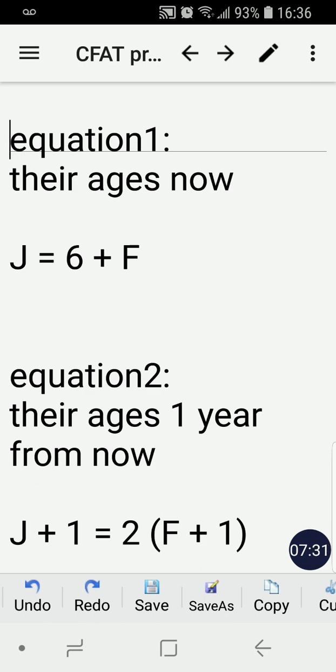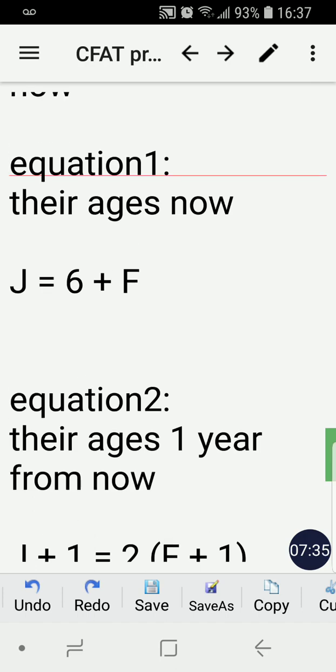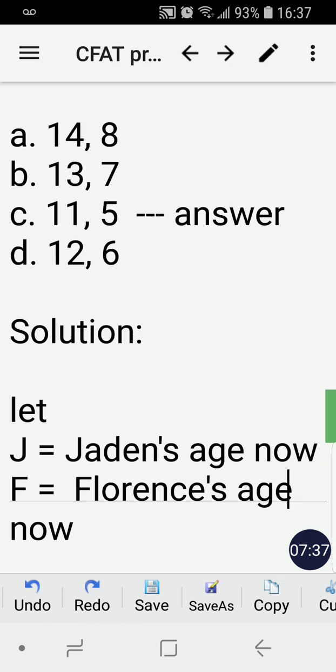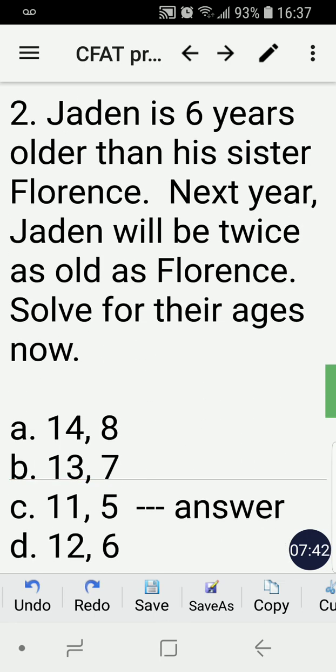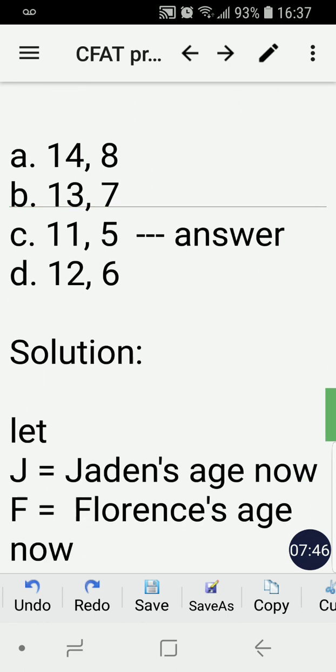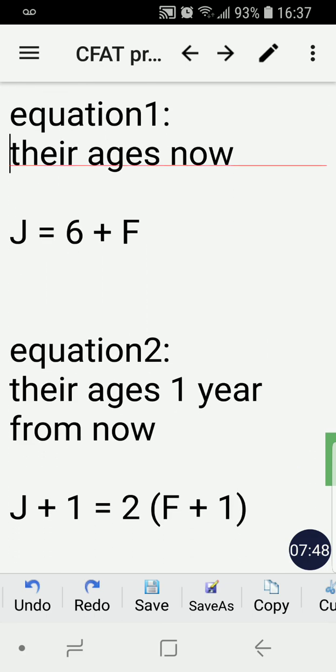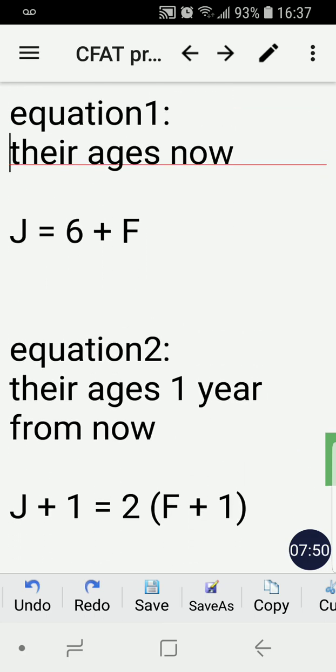We get J equals 6 plus F, because we are given that Jaden is 6 years older than his sister.